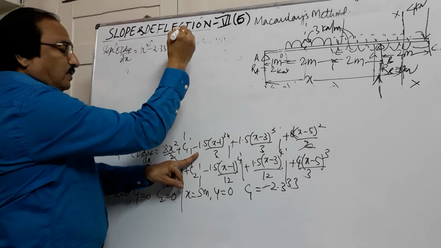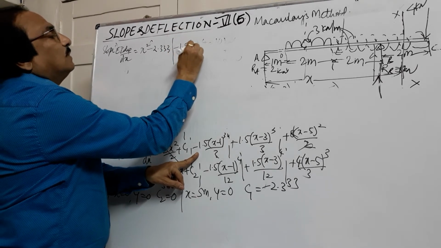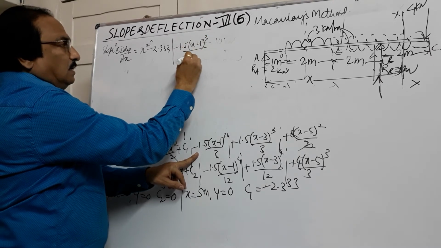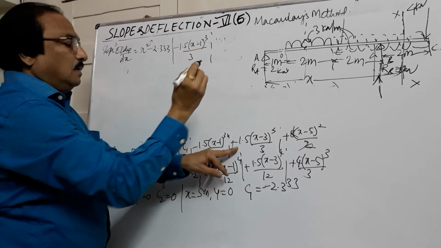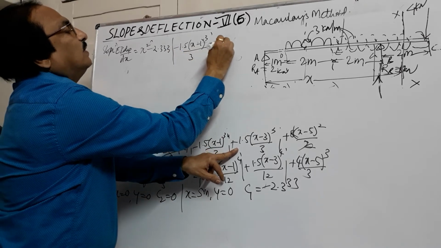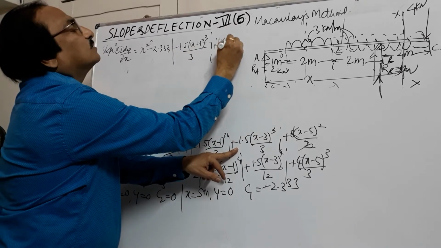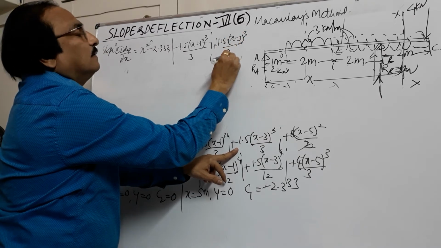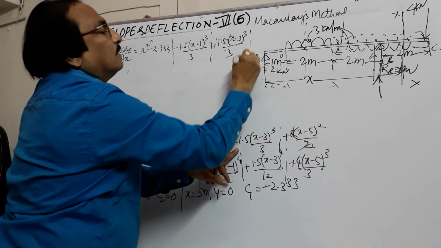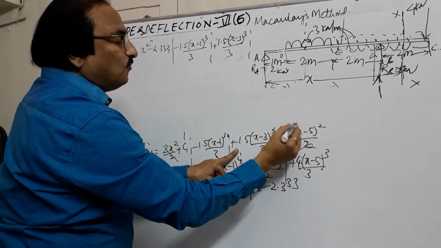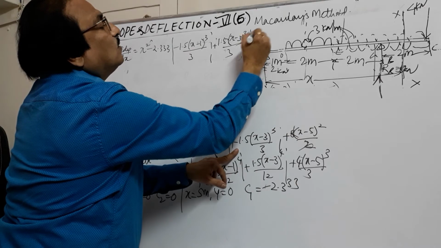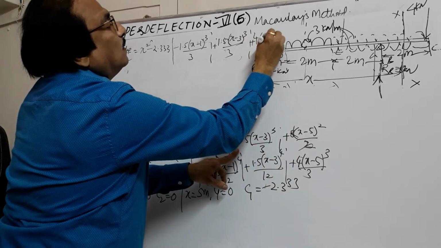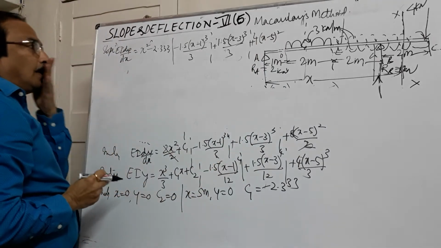Minus 1.5 into (x minus 1) raised to 3 divided by 3, plus 1.5 into (x minus 3) raised to 3 divided by 3, then plus 4 into (x minus 5) raised to 2.